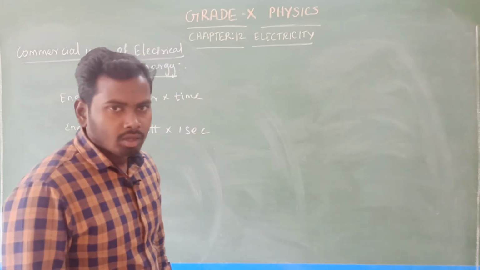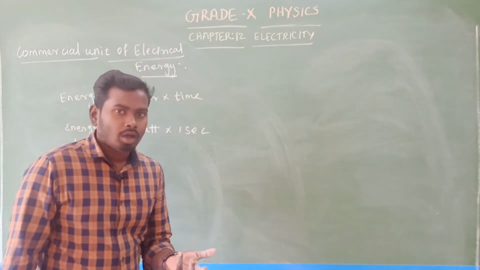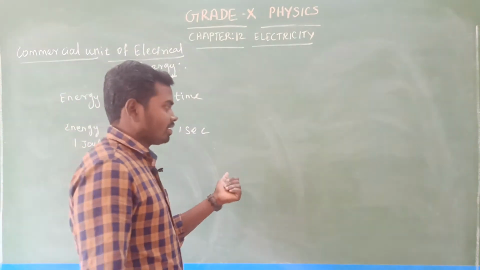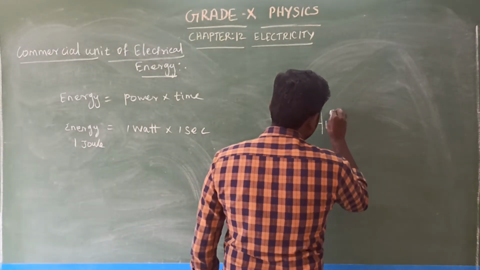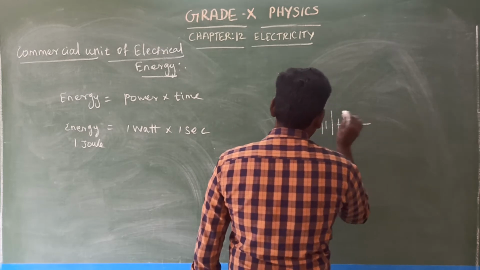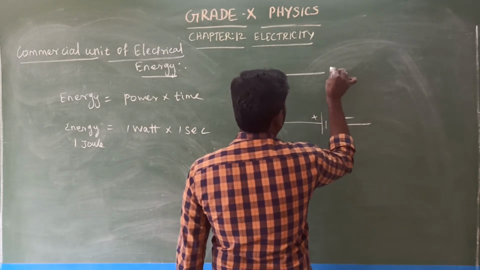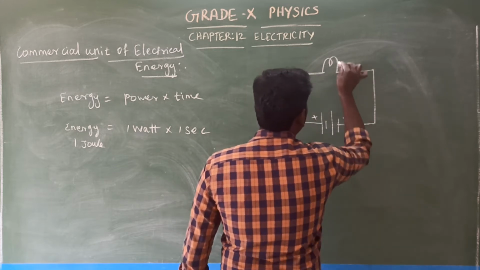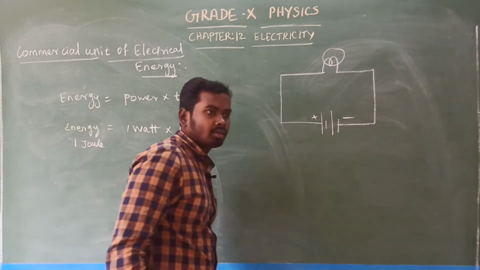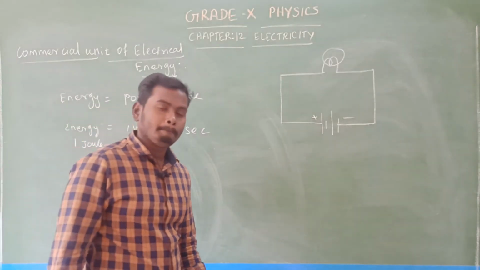Is it clear? Yes. I think you are not understanding. Am I right? Look at here, I'll explain clearly. Consider the electric circuit. Here I have taken an electric bulb, isn't it?